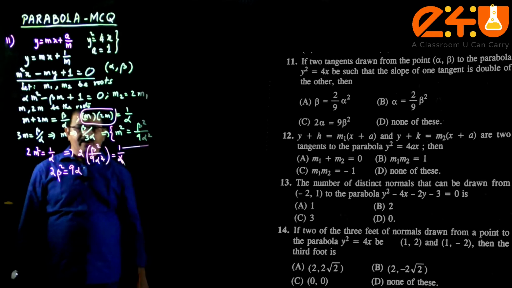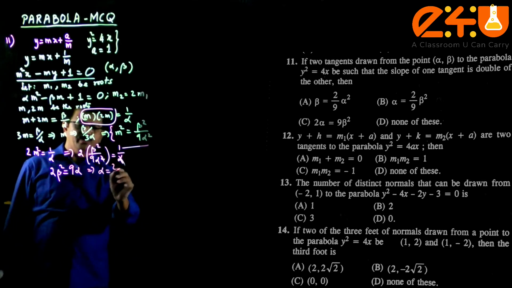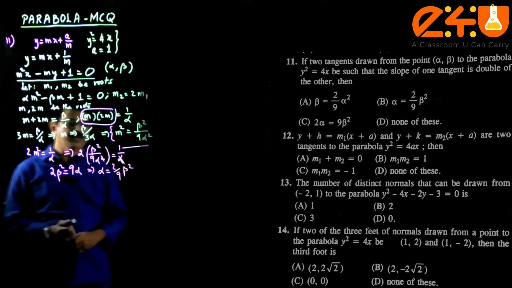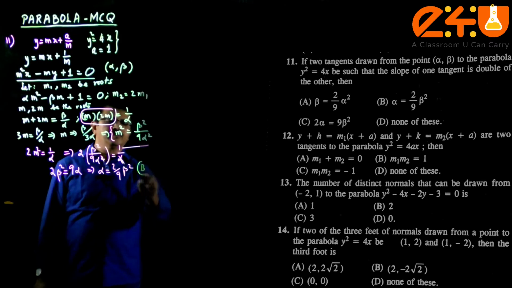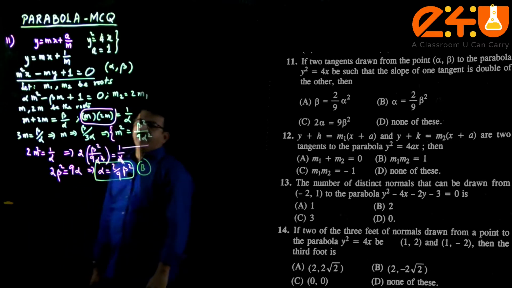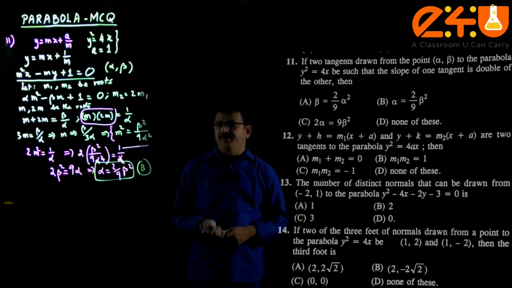So alpha is 2 by 9 of beta square, which is available in option B. Alpha equal to 2 by 9 of beta square.